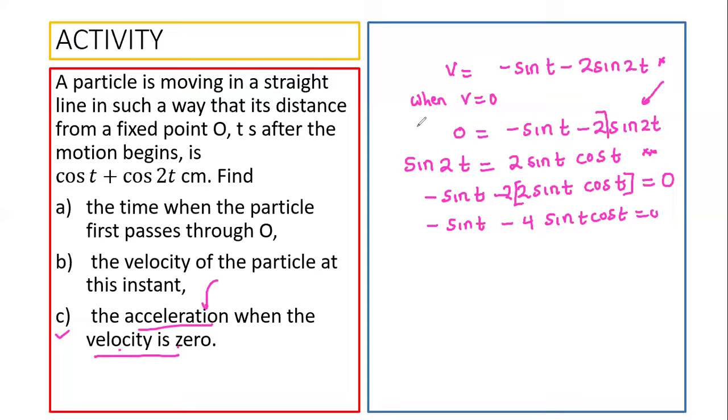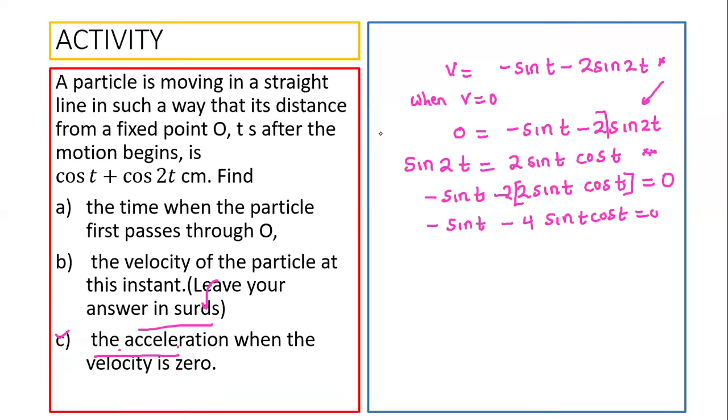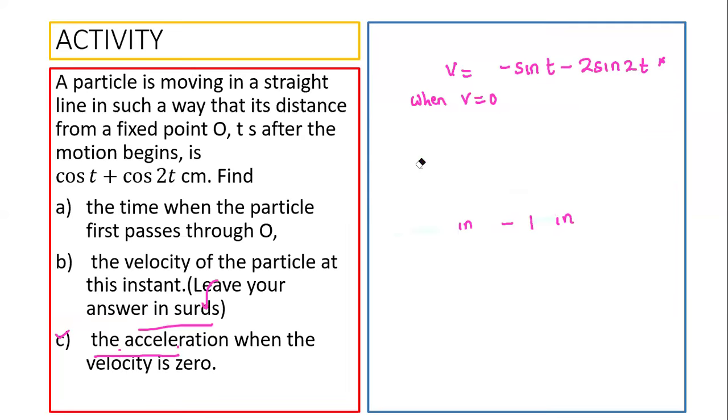Yes, Juliet? Good afternoon, sir. Good afternoon. So I'm requesting for pardon on that part where you say that 0 is equal to negative sine t minus 2 sine 2t, then the continuation part. Okay, was that first part we wrote okay?